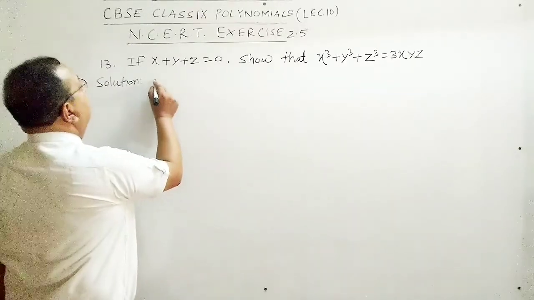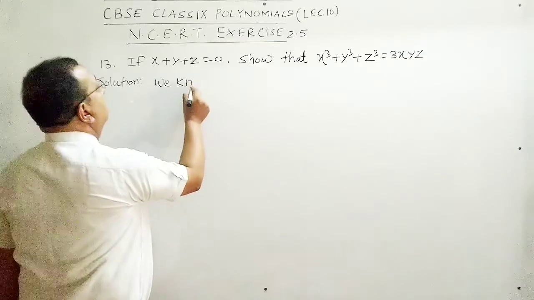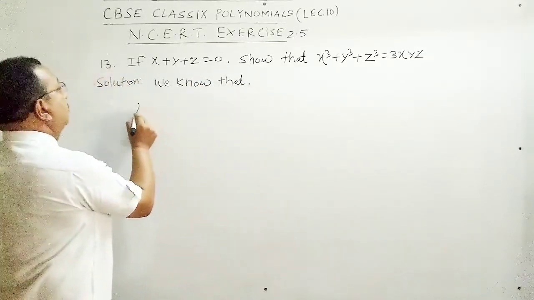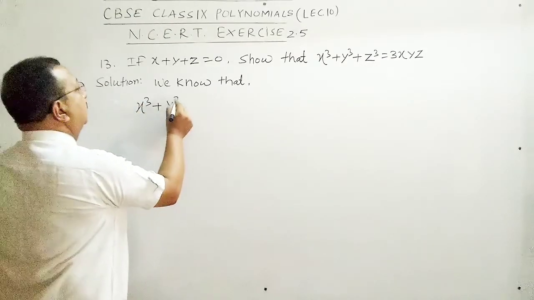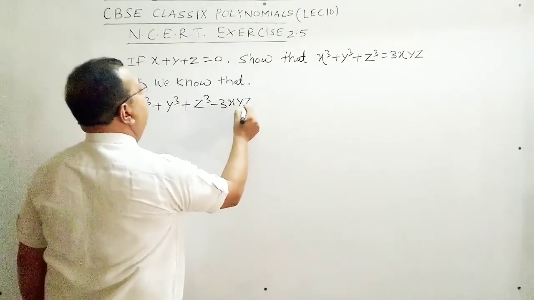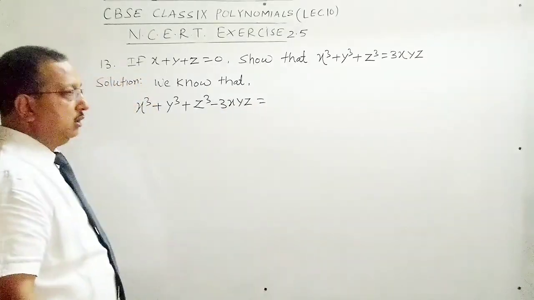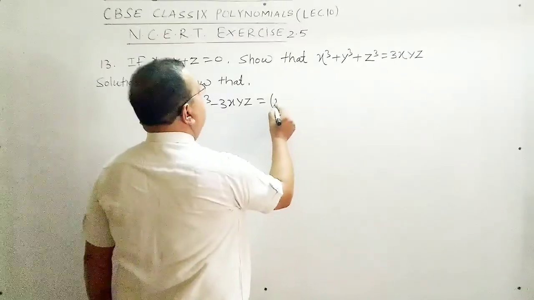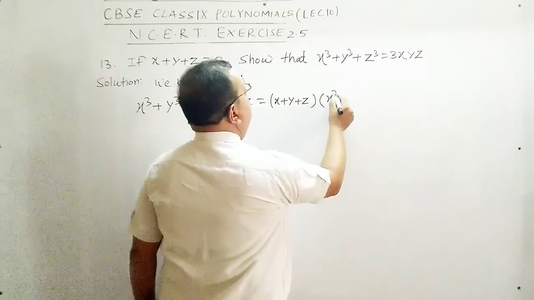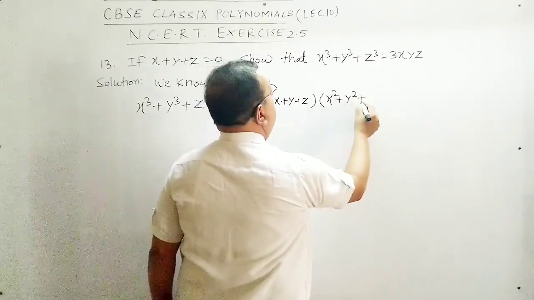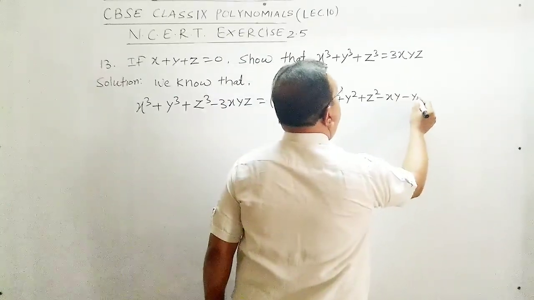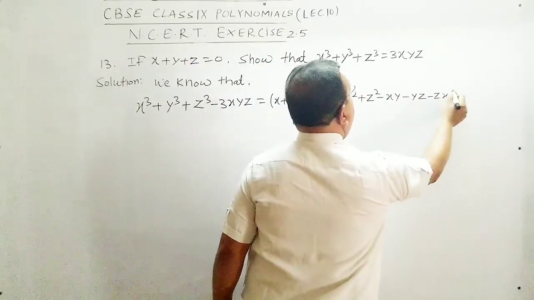We know that x cube plus y cube plus z cube minus 3xyz equals x plus y plus z into x square plus y square plus z square minus xy minus yz minus zx.